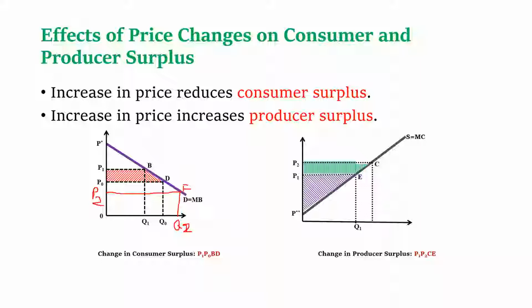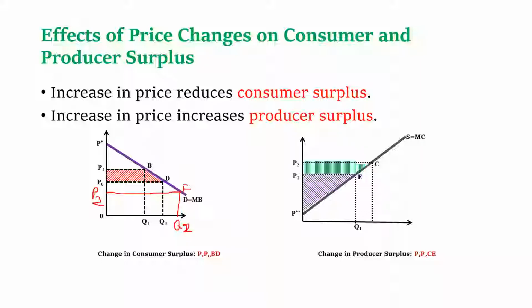So let's say originally the market price were P1. At P1 the producer surplus is just P1, P star, E. That is the producer surplus, and the quantity sold is Q1.